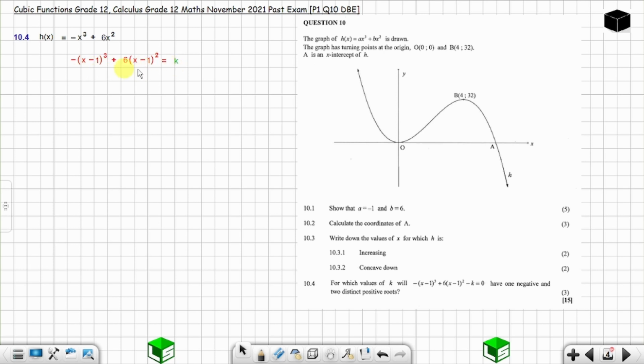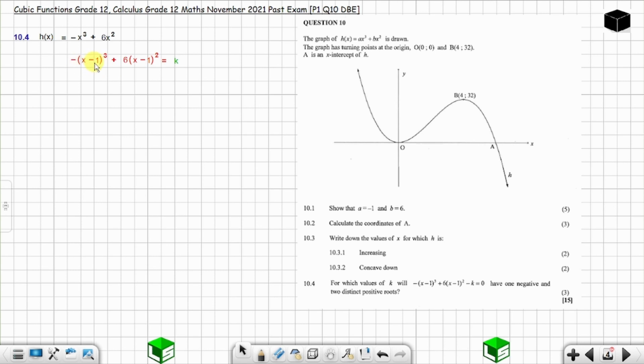So you can see the translation that took place. Instead of x, you have x minus 1. You still have your negative and the cube, and you have 6, and instead of x you have x minus 1, still squared. So the translation is that this graph is shifted 1 unit to the right to obtain this one.